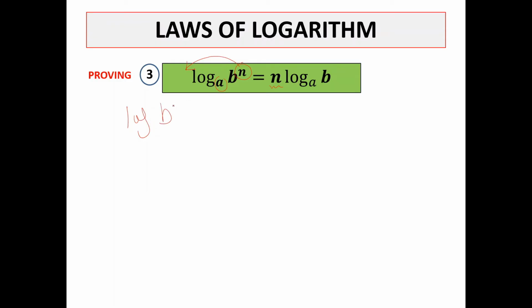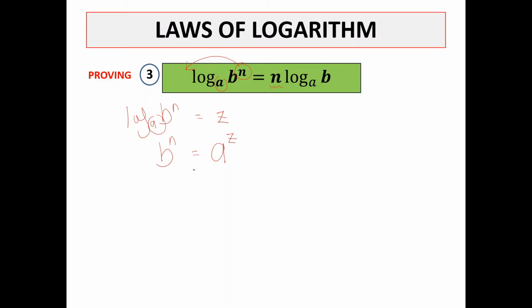Okay. So now we let log b to the power of n base a equal to, let's say, z. And then we change the log form into index form. So we have b to the power of n. The base goes to the other side and becomes the base of the index, so a to the power of z.